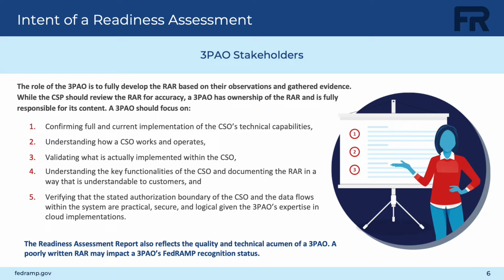Fourth, understanding the key functionalities of the CSO and documenting the RAR in a way that is understandable to customers. Fifth, verifying the stated authorization boundary of the CSO and the data flows within the system are practical, secure, and logical, given the 3PAO's expertise in cloud implementations.